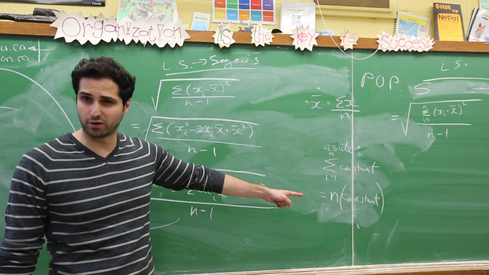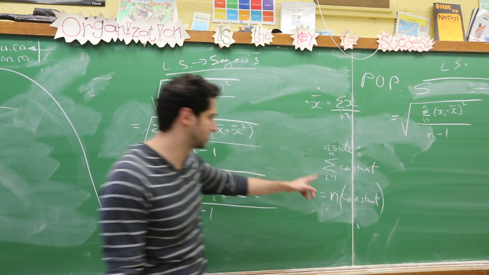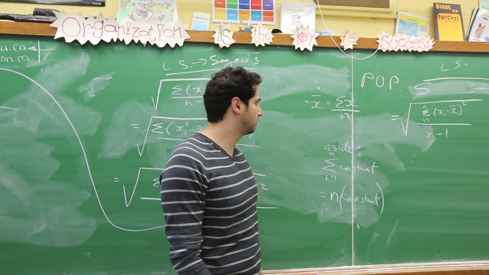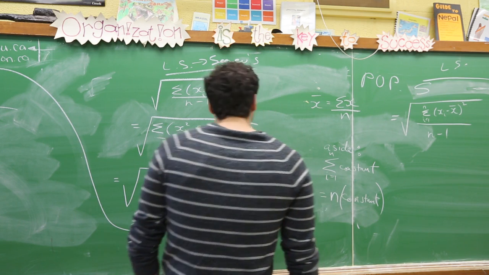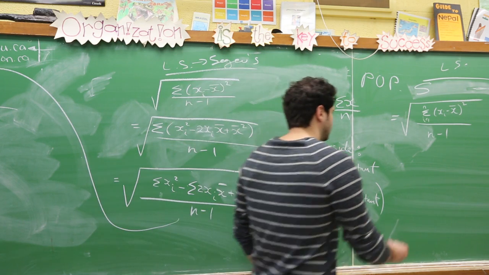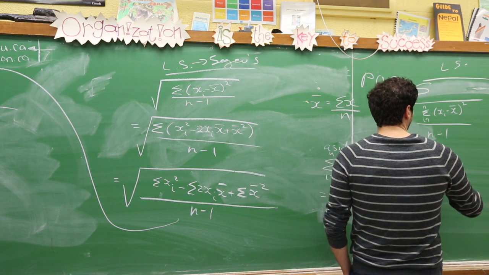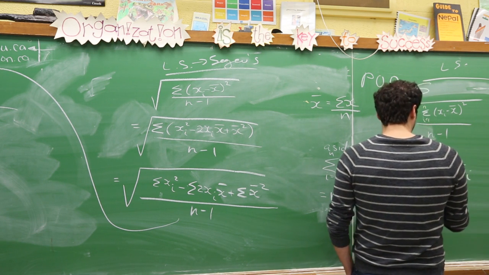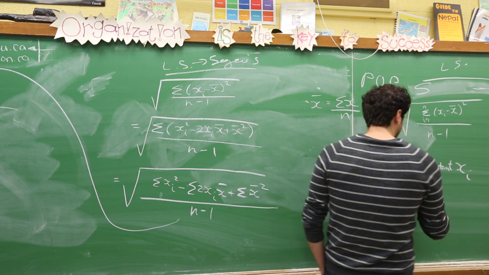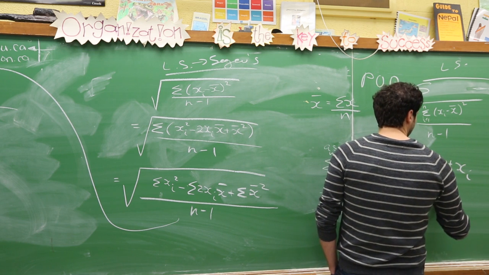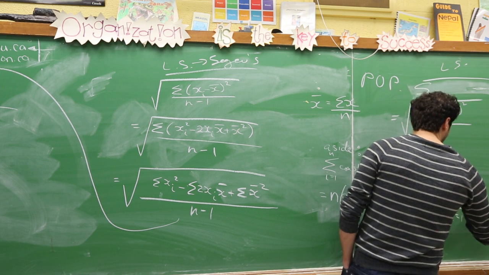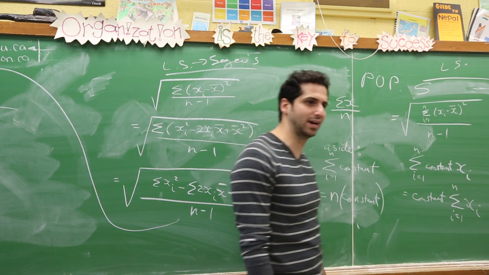I showed you this before, right? Because it's the same thing as just constant plus constant plus constant n times, right? But also, did I show you that sum of constant times xi from i equals 1 to n is the same thing as constant times sum of i equals 1 to n of xi, that you can just take the constant out like that?